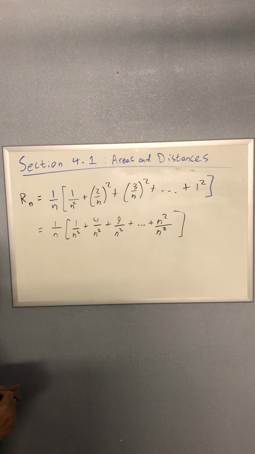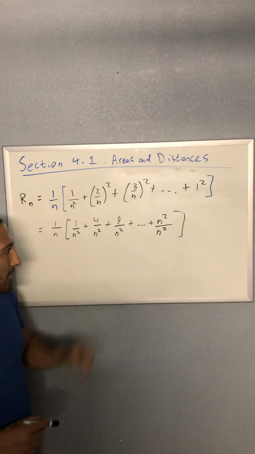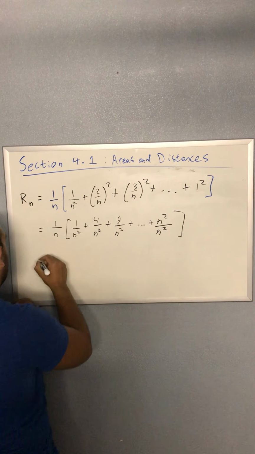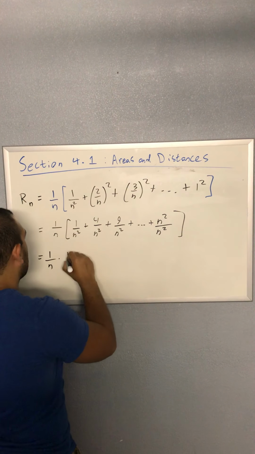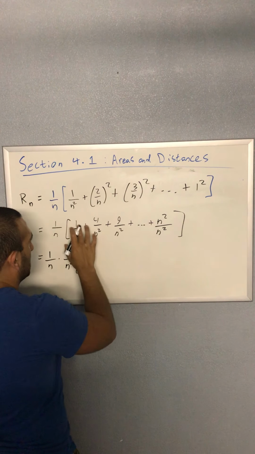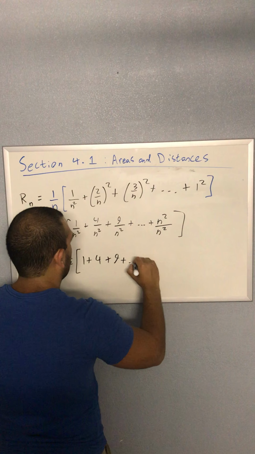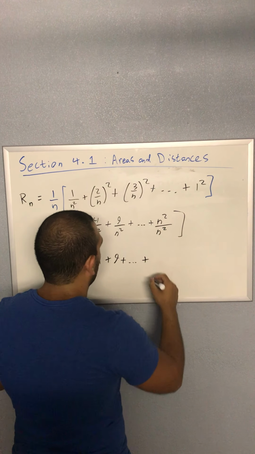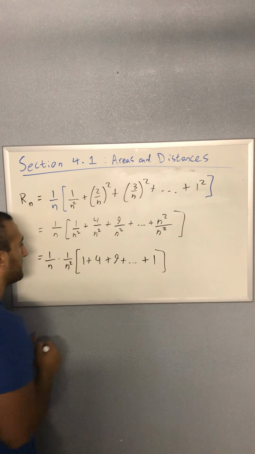What we can do now is see there's a 1 over n squared in each term, so we're going to factor that out. When we factor that out, we have 1 over n times the newly factored out 1 over n squared, to leave us with just these: 1 plus 4 plus 9, and so on, all the way up.